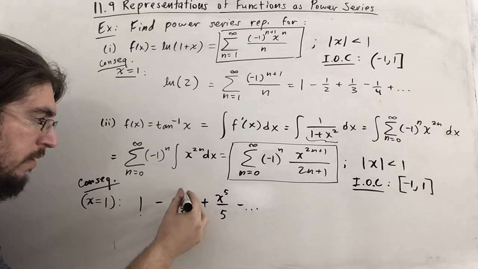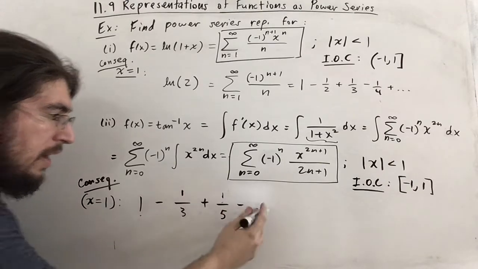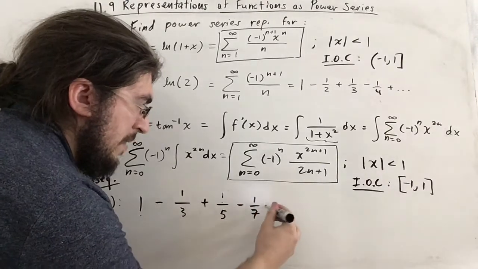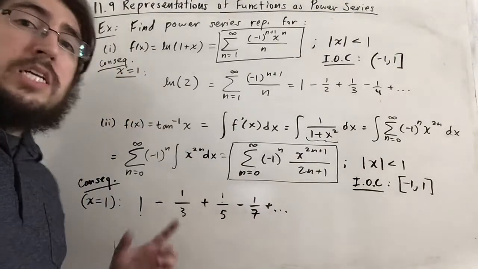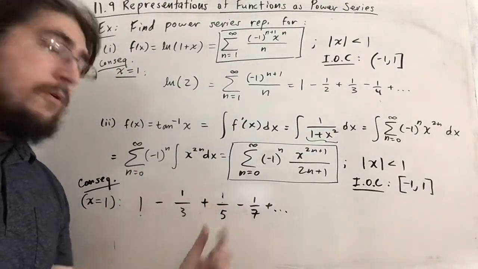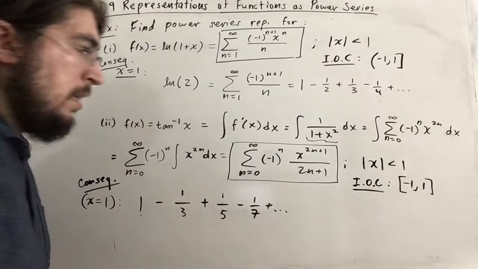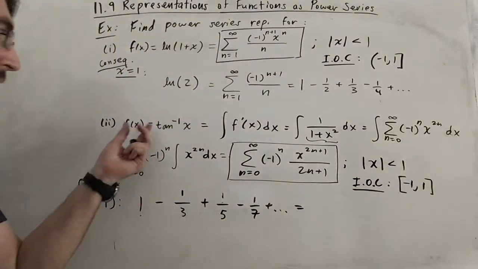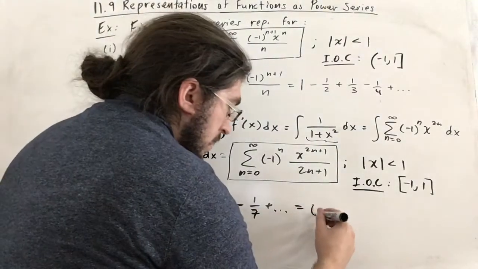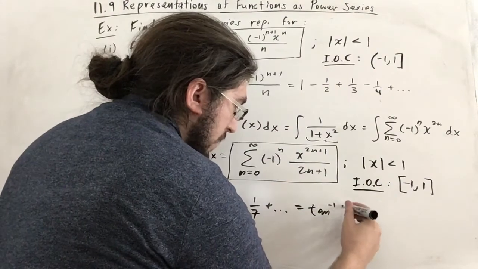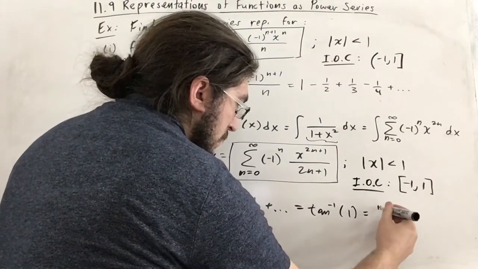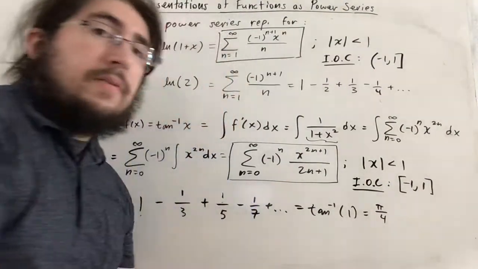And this is -1 over 3, plus 1 over 5, -1 over 7, plus. So it's just the alternating series of 1 over the odd numbers, and that's equal, according to this, to tangent inverse of 1. But what is tangent inverse of 1? It's pi over 4, because tangent of pi over 4 is 1.